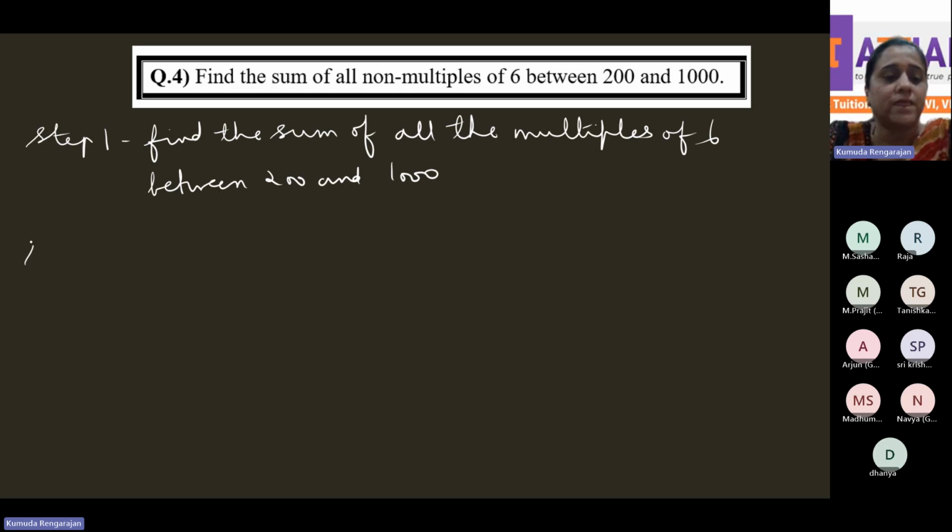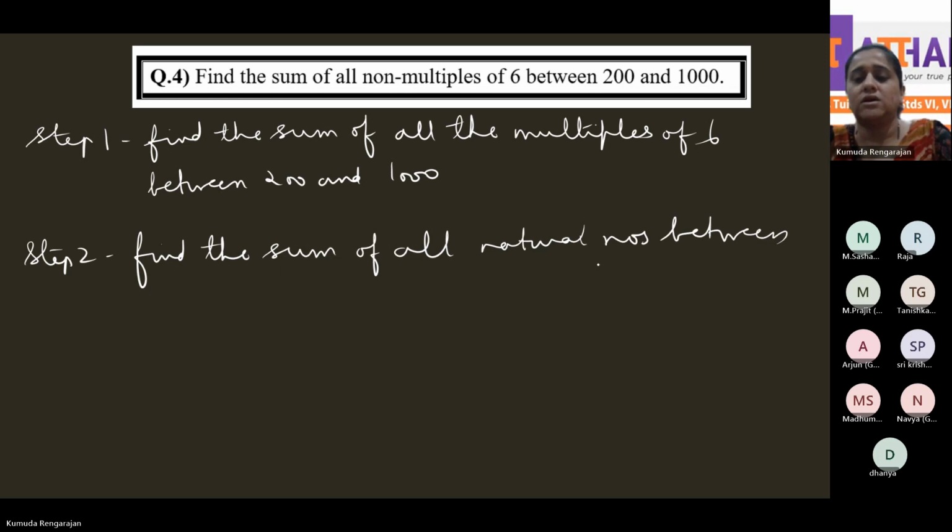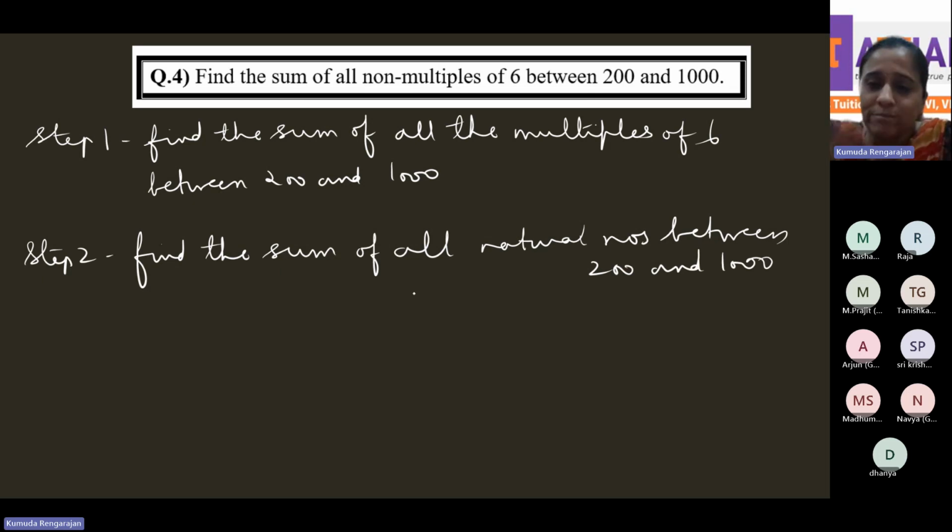In step two, find the sum of all natural numbers between 200 and 1000.